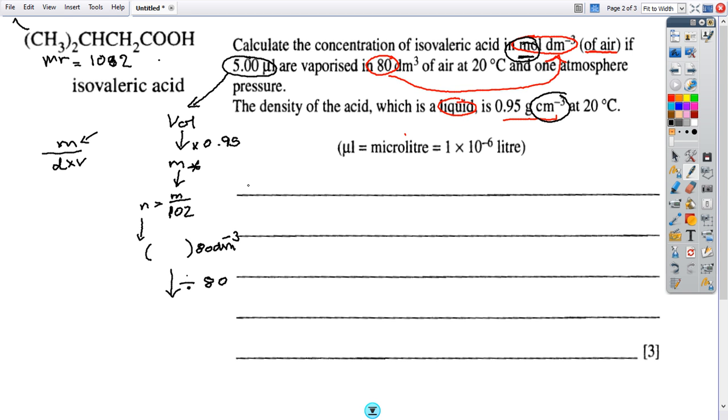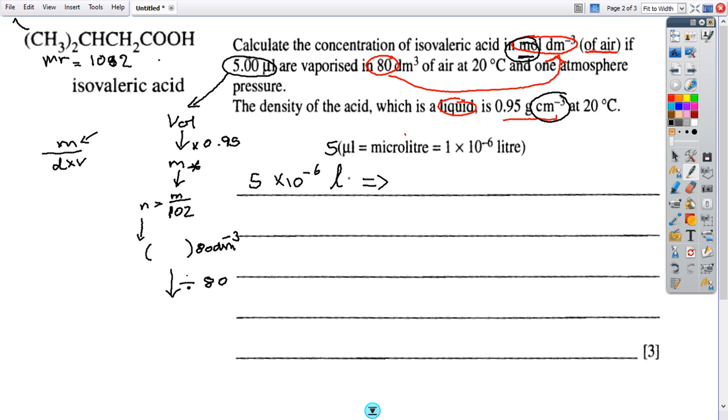So 5 microliters is the same as 5 multiplied by 10 to the minus 6 liters. Well, 5 microliters is 5 times 10 to the minus 6.